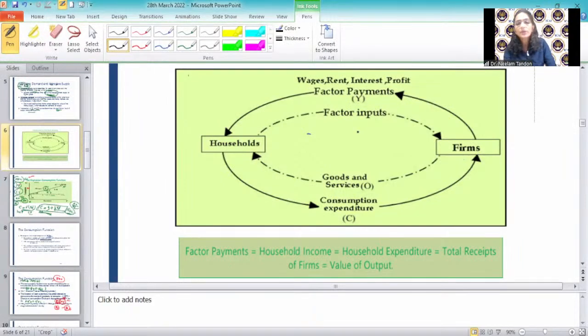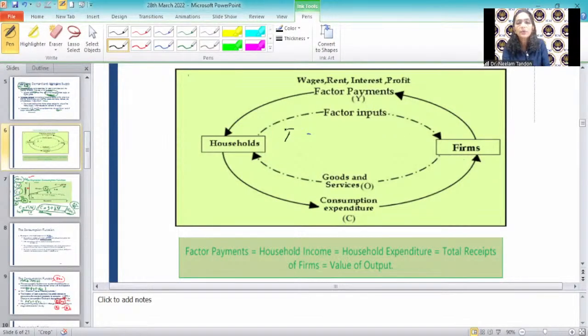The dotted one which you see is real flow, where goods and services are produced. Factor inputs render their services: land gives its services, labor, capital, entrepreneur. So the inner dotted line which you see here is known as real flow.